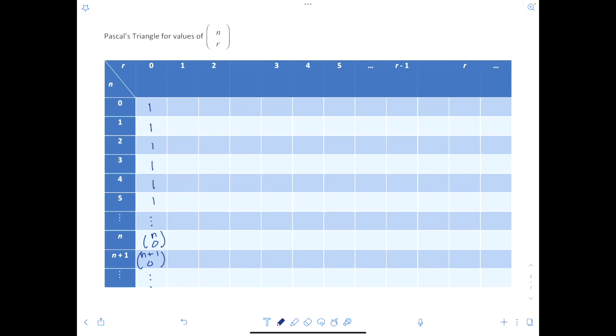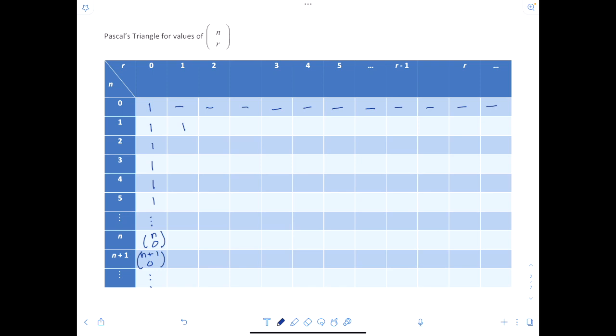Now, there's zero ways to choose 1 from 0, so all of these across on that first row are not applicable. Let's check out 1 choose 1, which is 1.